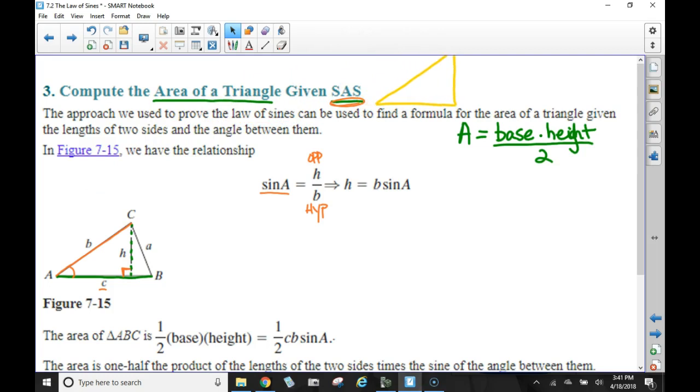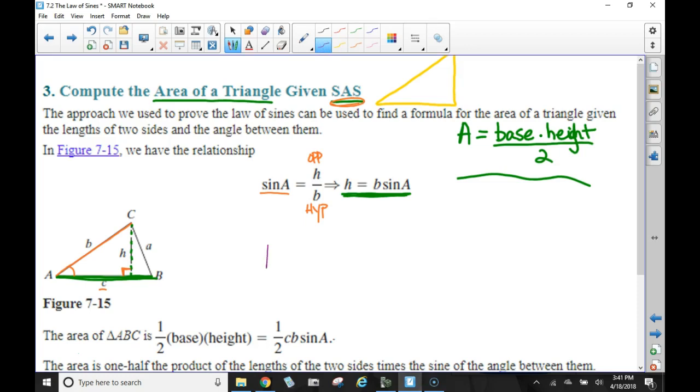To find the area of that triangle ABC, the whole thing, remember, we're going to take base times, we're going to do a little bit of algebra to solve for the height, divided by 2.